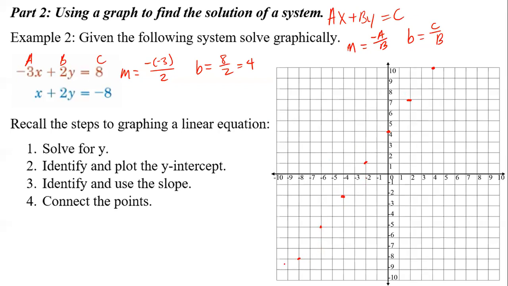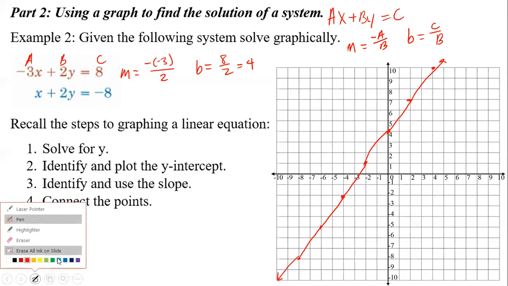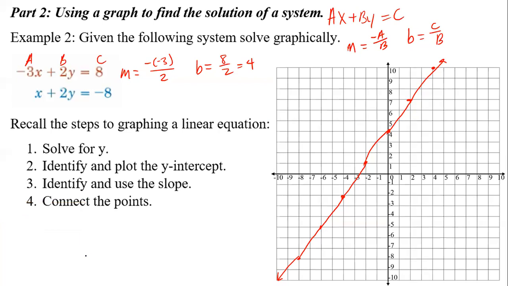Okay, and I'm going to do my very, very best to connect these. All right, so that's my first line. It's easier to do on paper with a straight edge of some sort.